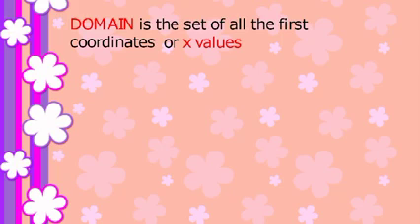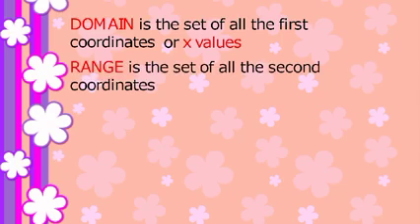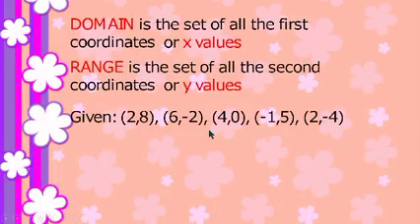So, sa isang ordered pair, domain ang tawag natin sa x values. And, ang range naman is the set of all the second coordinates, yung pangalawang coordinates. At ang tawag natin doon ay y values. So, we have domain and range. Again, domain is the x values, and range is the y values.